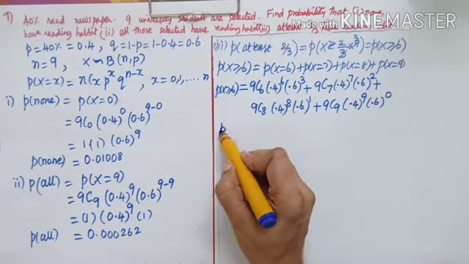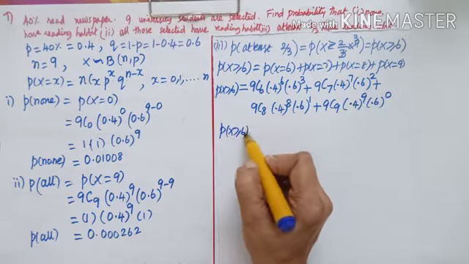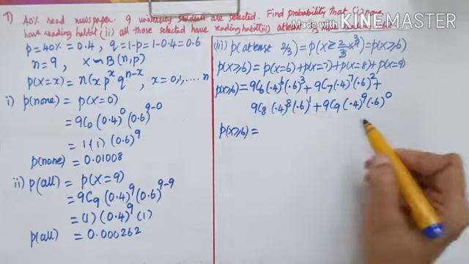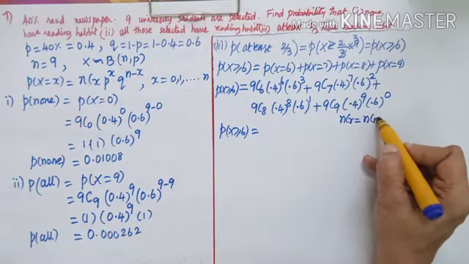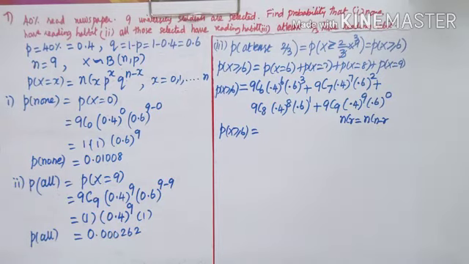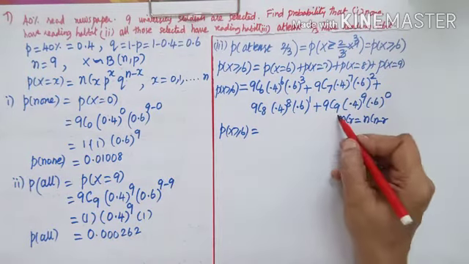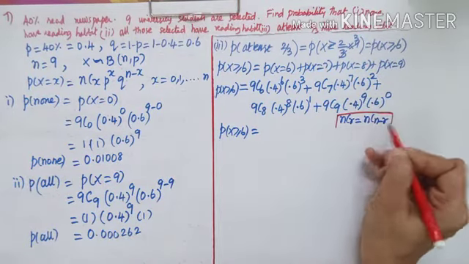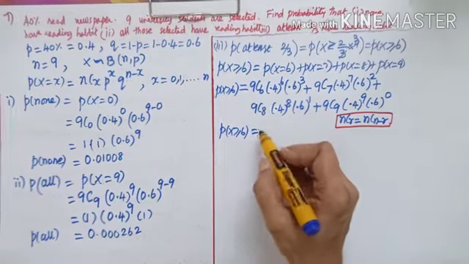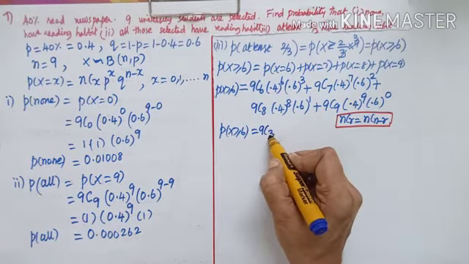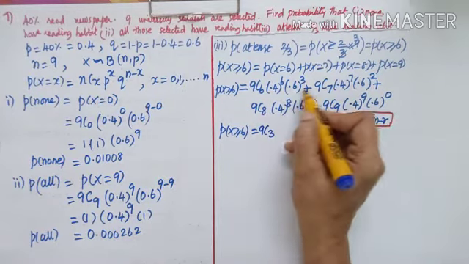As I try to simplify, whenever big numbers are coming in combination, remember this formula: NCR is NC, N minus R. So how will you write 9C6? 9C, 9 minus 6. What is 9 minus 6? That is 3. So 9C6 can be written as 9C3. Find out the remaining.